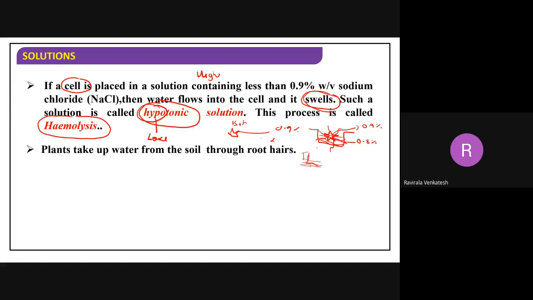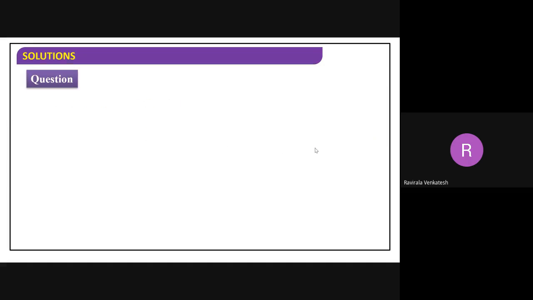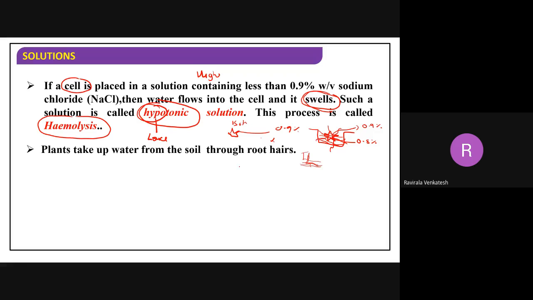The water underneath the tree goes toward the tree, through the root into the plant. Here in the soil there is less concentration, and in the tree there is more concentration, so water flows from soil to tree.